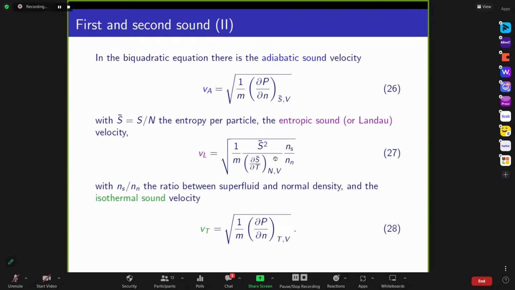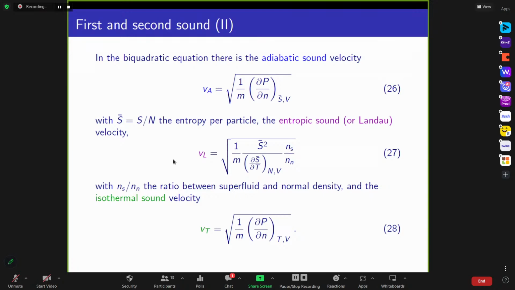That is a much more complicated expression, which depends on the derivative of the entropy. But this S with the bar is the entropy divided by the total number of particles, so the entropy per particle. In this formula you also see the ratio between the superfluid density and the normal density, and in the denominator the partial derivative of the entropy with respect to the temperature calculated at fixed number of particles and volume.